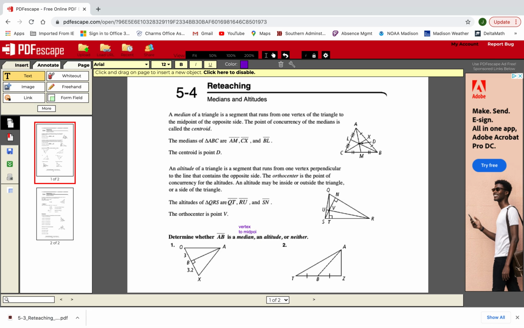And an altitude, I'll go ahead and underline that so that we can connect these terms together. And then let me switch colors to do the same kind of thing for altitude. An altitude goes from vertex to right angle.